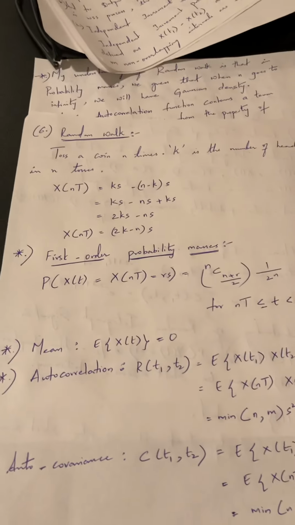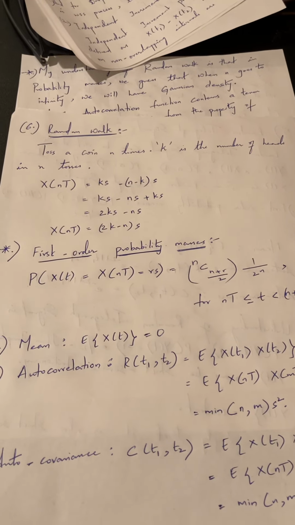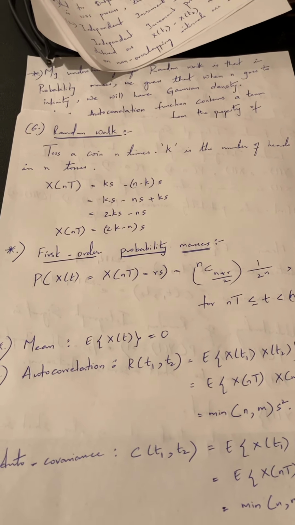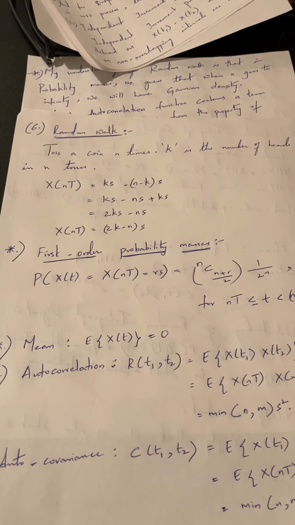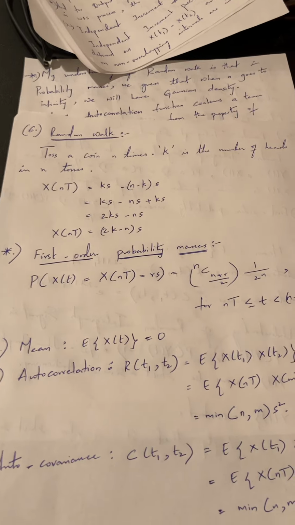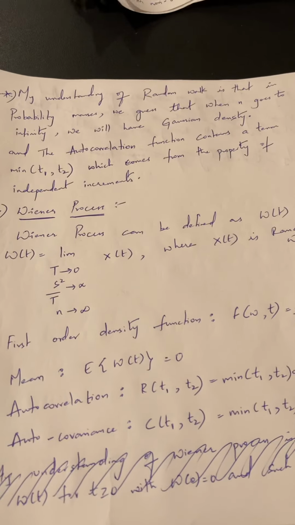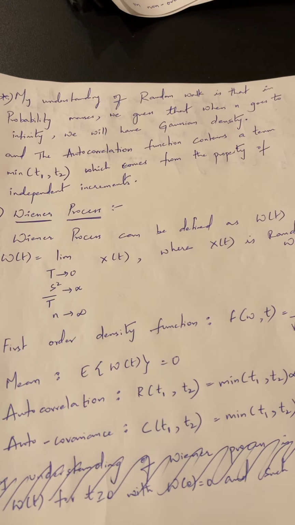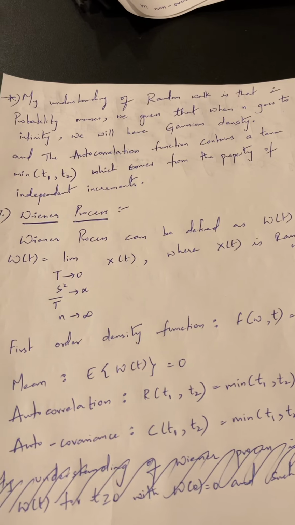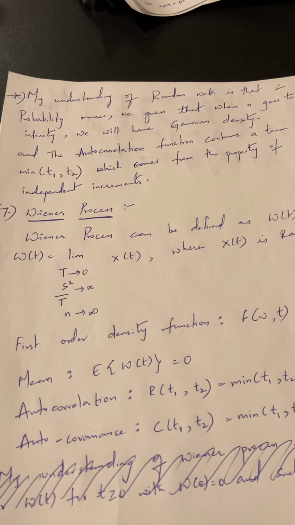Random walk basically means that, for example, we are tossing a coin n times, and k is the number of heads in the n tosses, then x(nT) can be written as (2k minus n) into s. This is what I've understood from the random walk. We can also see that as n tends to infinity, we have a Gaussian density.